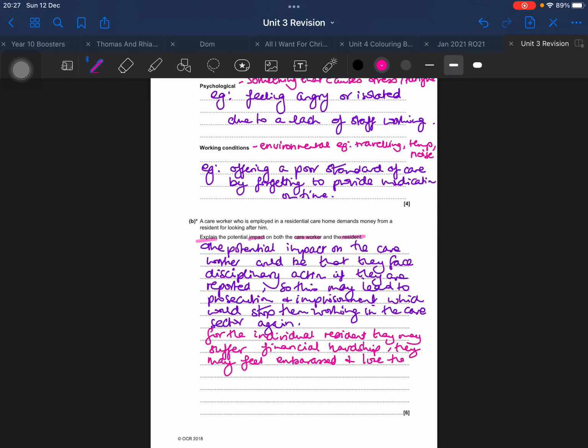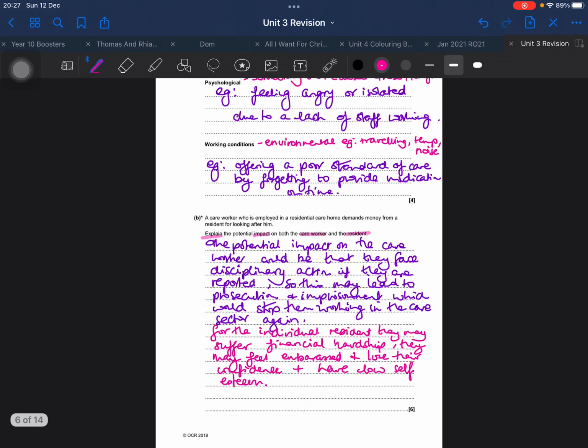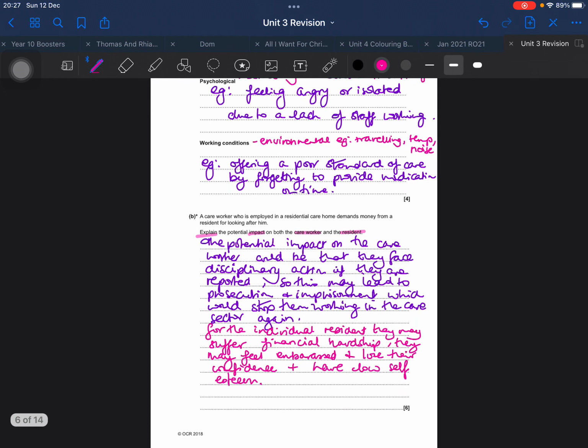And lose their confidence and have low self-esteem. So that comes up quite a lot. Okay. They may feel depressed. They may feel intimidated. And if they're feeling intimidated, they may refuse to be cared for, not just by this person, but by anybody associated with that company, which means then that their condition could become worse.